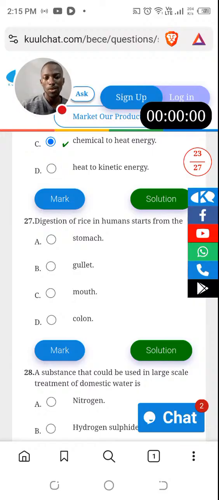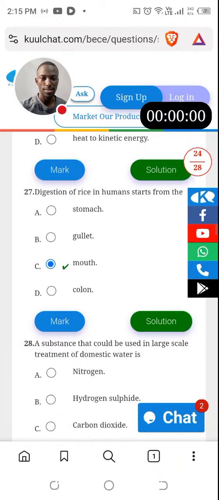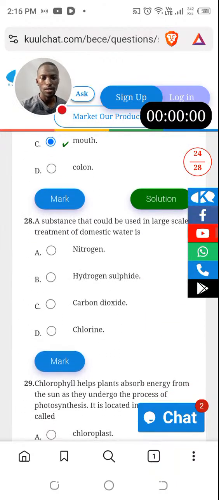The digestion of rice in humans starts in the mouth, obviously, because it contains carbohydrates. And every substance that contains carbohydrates, the digestion of that substance starts in the mouth. A substance that could be used in a large-scale treatment of domestic water is hydrogen sulfide, carbon dioxide, chlorine.